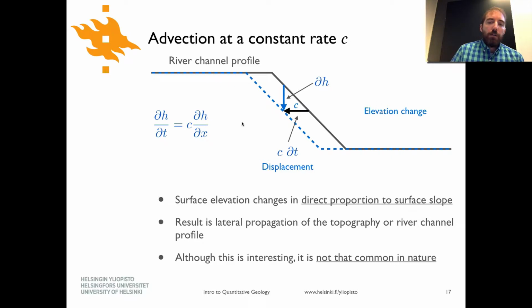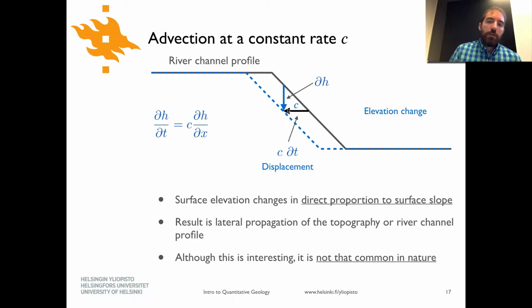When you have advection as the process you model to change your river channel profile, what you see at any location on the landscape, between this gray line, which might represent time 1, and the dashed line that would represent time 2, is the river channel basically shift horizontally, like we saw in the other picture.